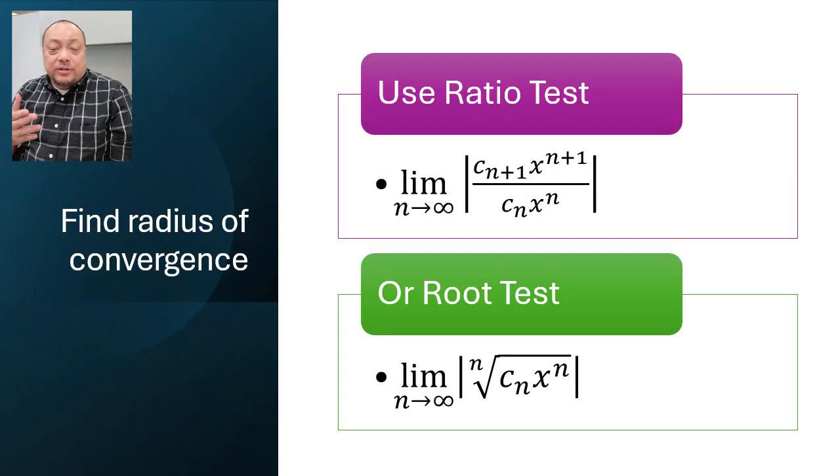To find the radius of convergence, the most straightforward way is usually to use the ratio test or a root test. In carrying out a ratio test or root test, you either take a ratio, absolute value, or a root, absolute value, and you take the limit as n goes to infinity.